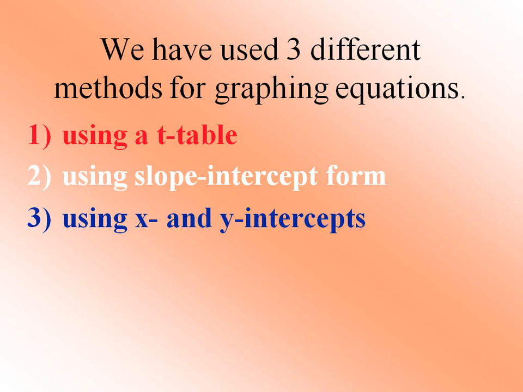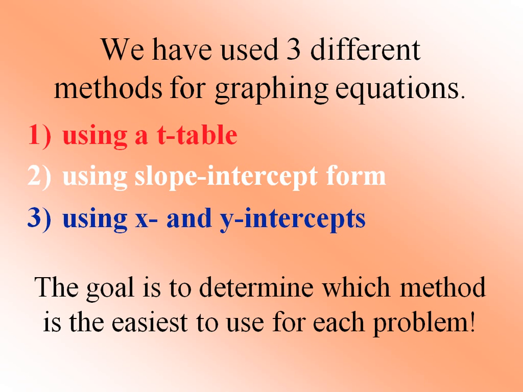All of these will give you points that you can draw a line through. So the goal is to determine which method is the easiest for you to use for that particular problem. So there are three different ways to graph, but you decide on which way is best for you.